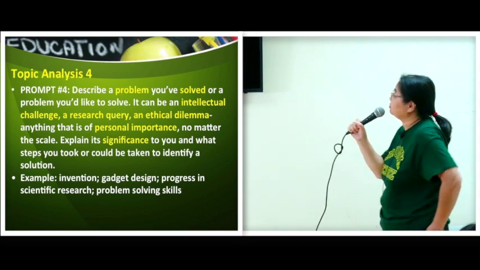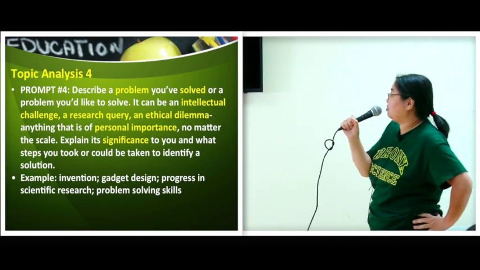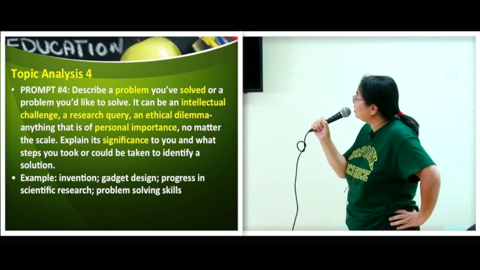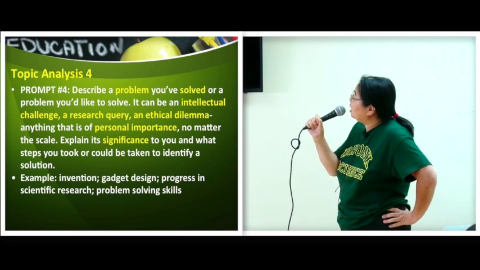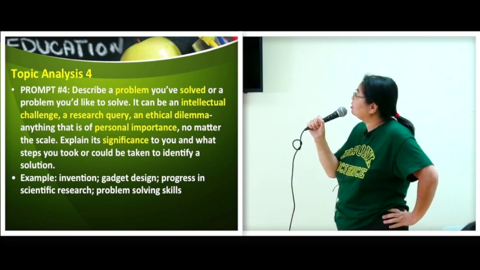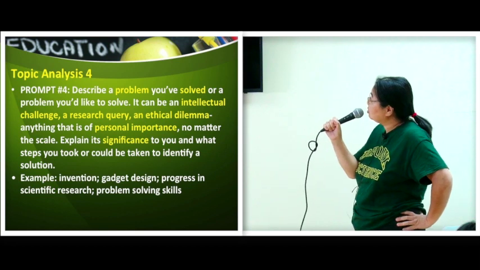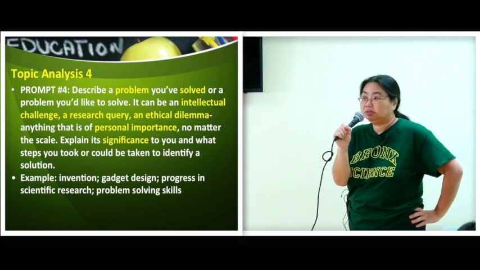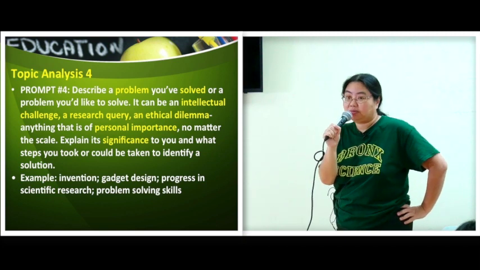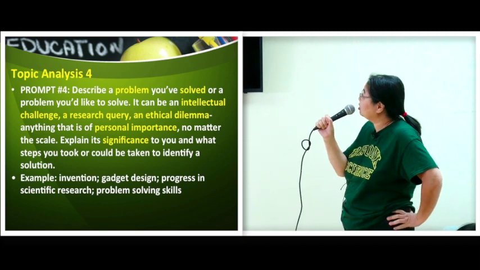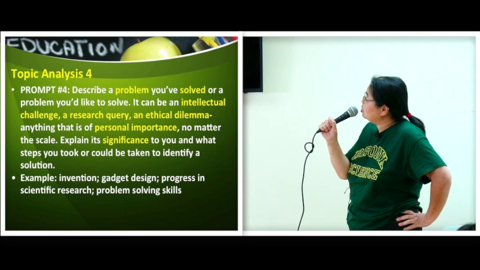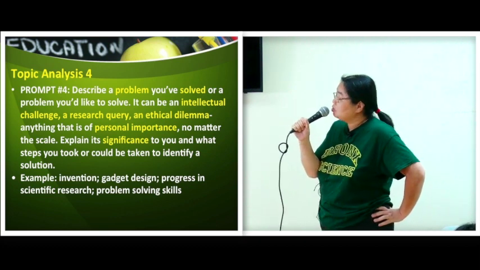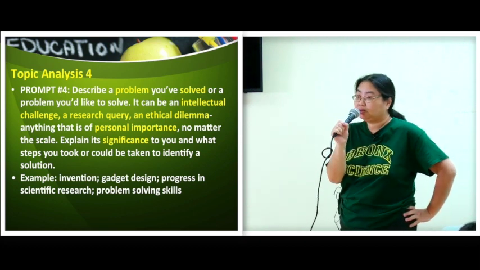Number 4 is problem-solving skill. Okay, the problem can be in an academic area, research, or even something more complicated. So not only the academic field. This issue doesn't need to be super important.